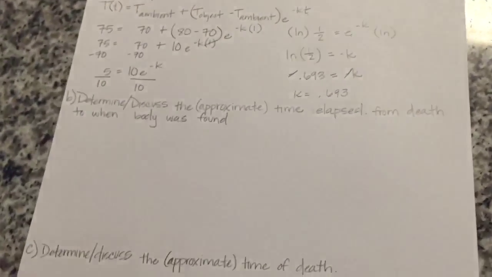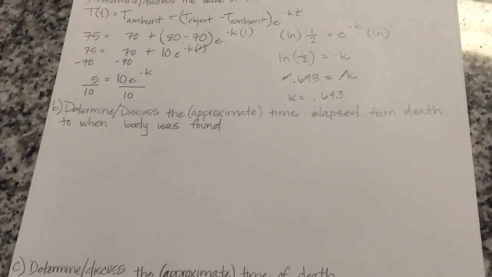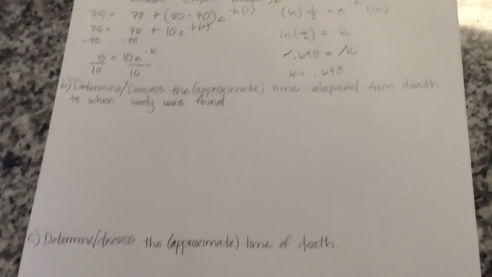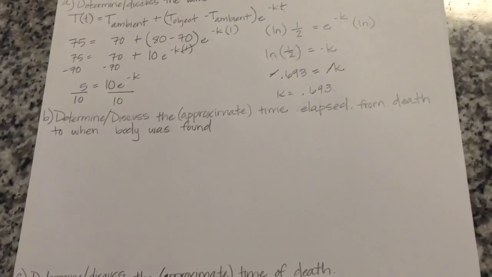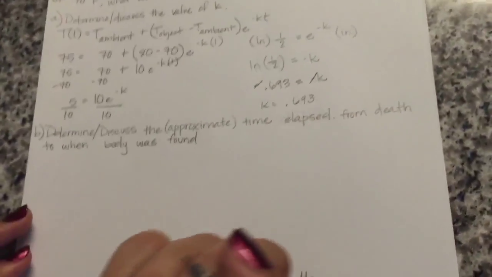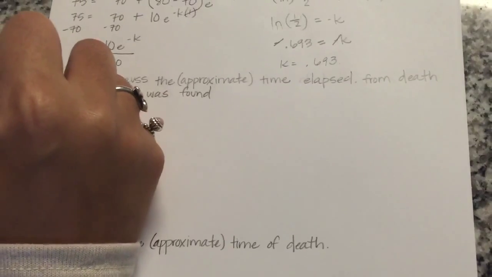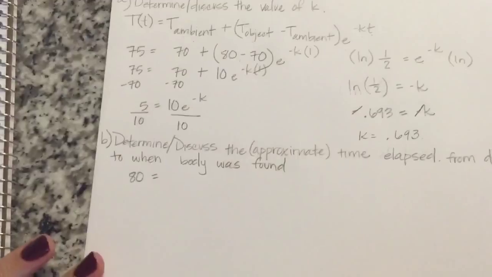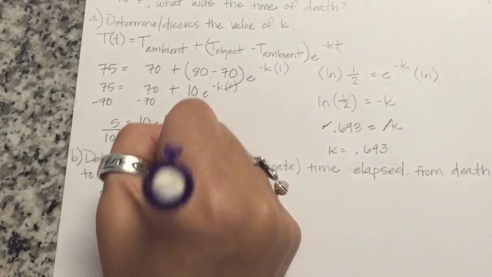Next step, we're going to be determining the approximate time elapsed from death to when the body was found. So for this, we are going to use the same formula and just plug in the values we now know. So we're gonna use 80 degrees because that's the temperature when the body was found, and it equals 70, which was the constant temperature in the room.